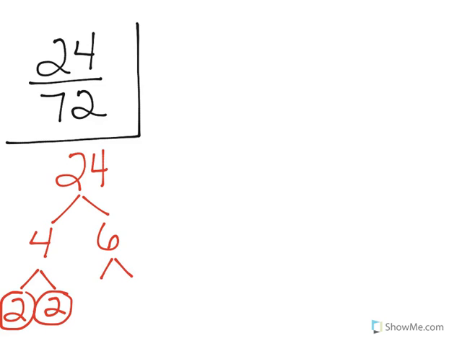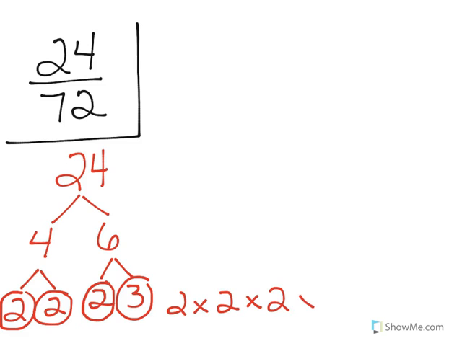And 6 can be broken down into 2 times 3. I can circle both of those because those are prime numbers as well. So 24's prime factorization is 2 times 2 times 2 times 3.